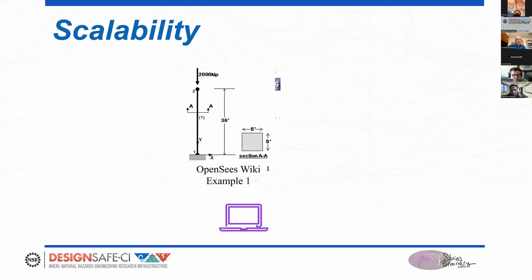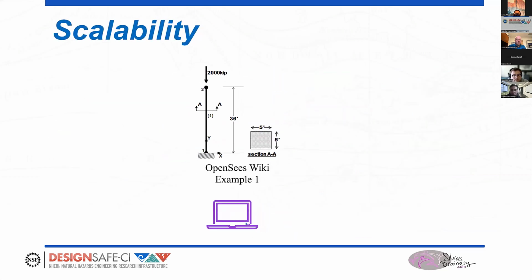Let's take it one step at a time. When I wrote Example 1, I wrote it on a laptop that is probably not as powerful as the cell phone that you're holding in your hand right now. But that works because it's a simple example. There's no input file, or there's one input file that doesn't read anything else, and everything is elastic and simple.